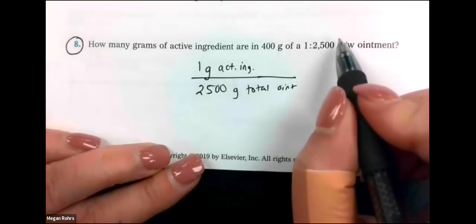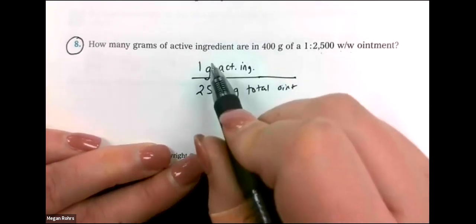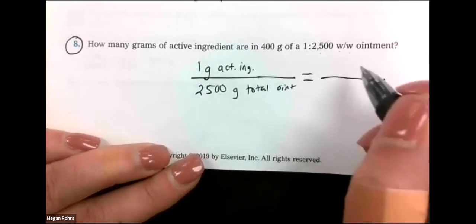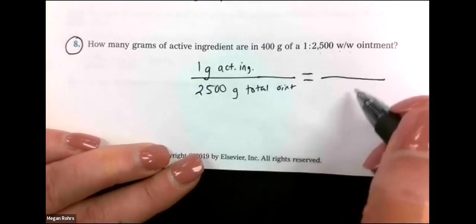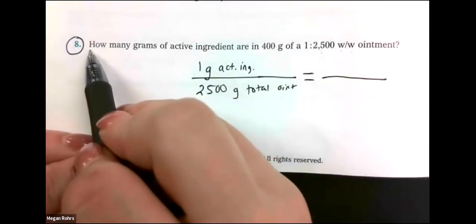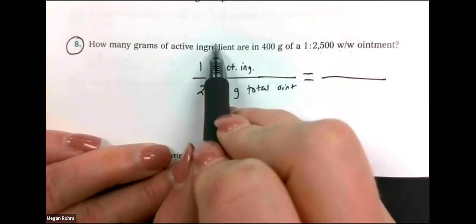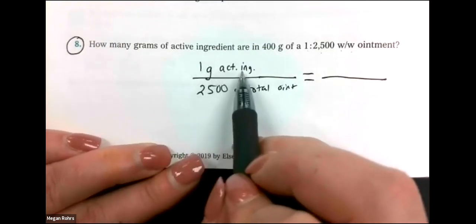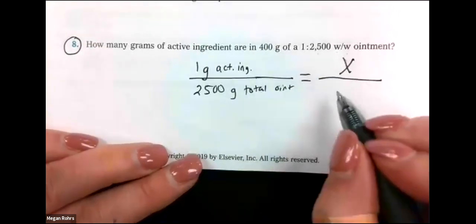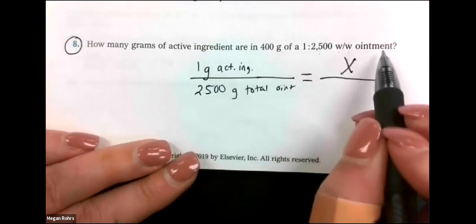So these weight per weight, same with volume per volume, are a little bit more tricky because your units are the same. So you really have to read the problem to know where your X is going to go on this side. Now, read the question. How many grams of active ingredient? Well, our active ingredient is on top. So that's where our X is going to go. That's what we do not know. Are in 400 grams of an ointment.